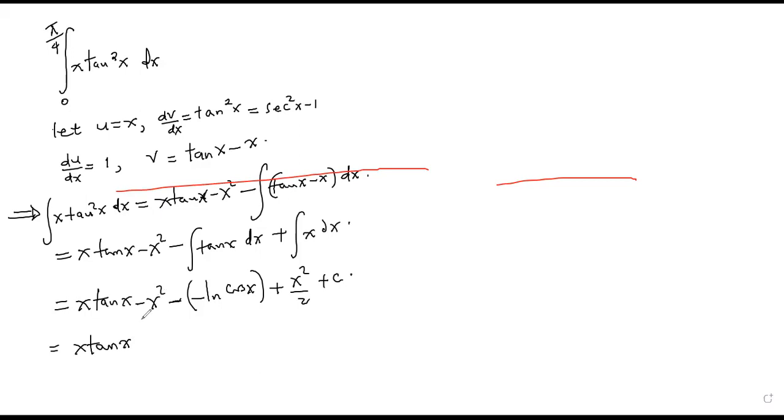Of course, here we have minus x squared plus x squared over 2. So we shall remain with minus a half x squared. So plus ln cos x because of negative negative.